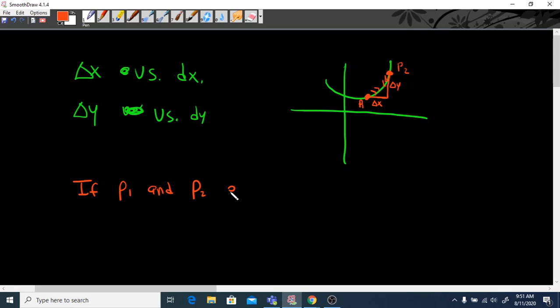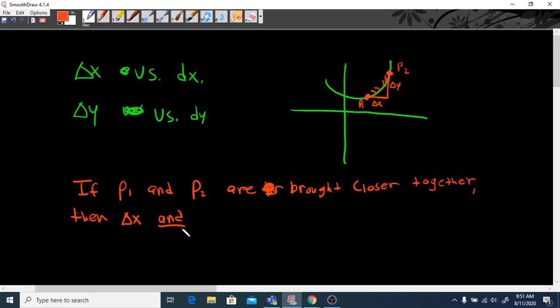If point 1 and point 2 are brought closer together, then delta x and delta y decrease. Okay? So that's the first thing to understand. If we bring these 2 points closer together, delta x and delta y will decrease.